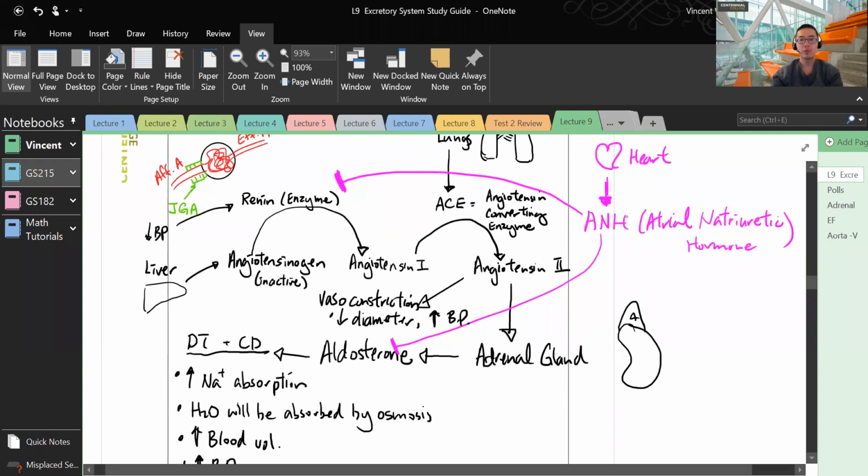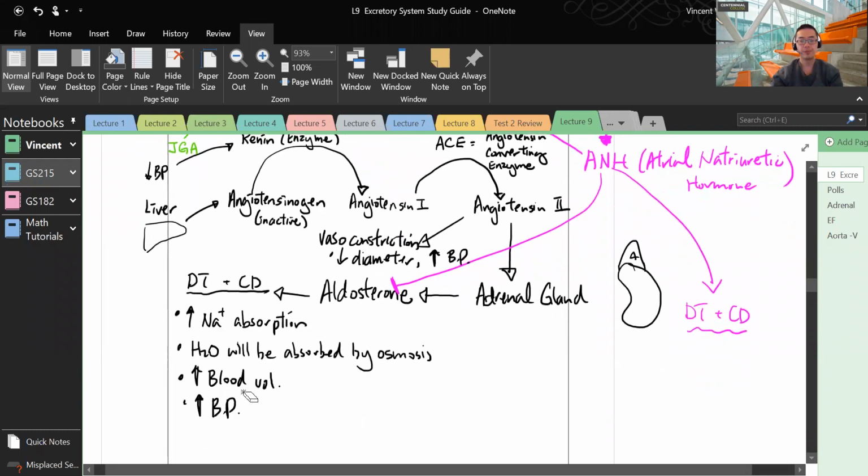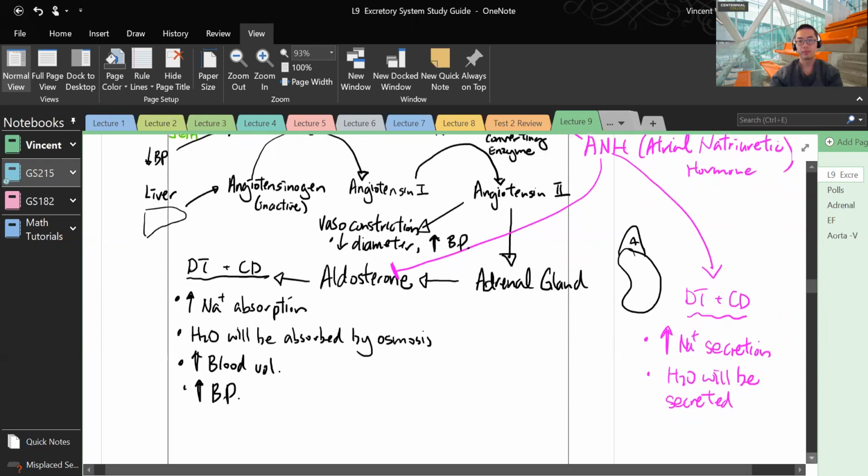And ANH will also go to the kidney, go to the distal tubule and collecting duct, and it will basically do the opposite. It will increase sodium secretion, so H2O will be secreted as well.